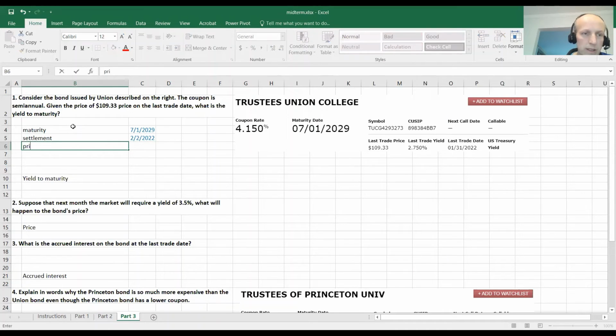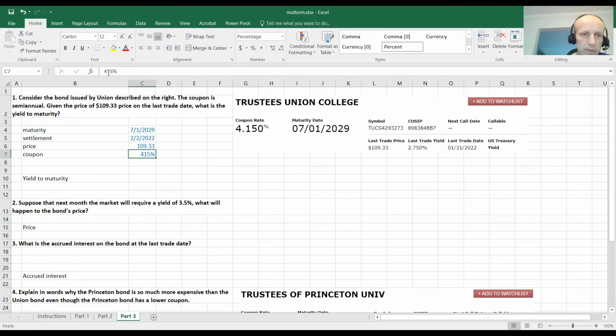We know the price is 109.33. We know the coupon rate is 4.15%. Let's make sure that we actually format this as percent. So let's make it 4.15.